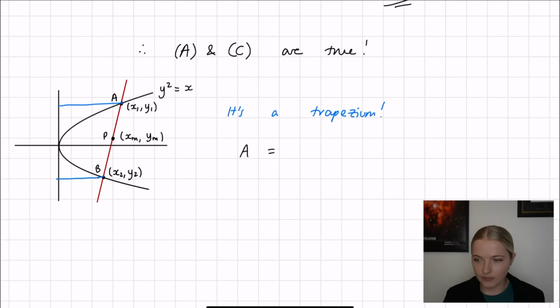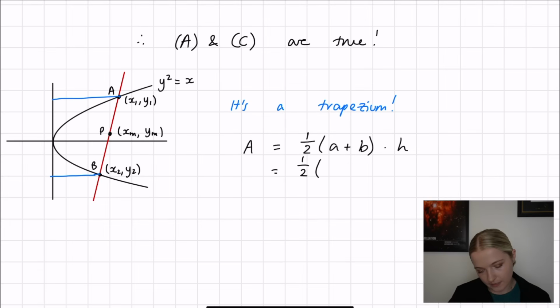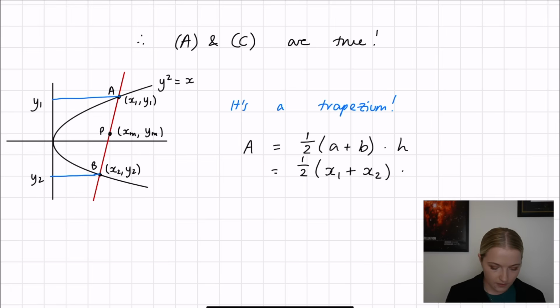What is the area of a trapezium? It's just a half times A plus B multiplied by the height. And for us, A plus B is going to be x1 plus x2, multiplied by the height, which is y1 minus y2, since we knew this was y1 and this was y2.